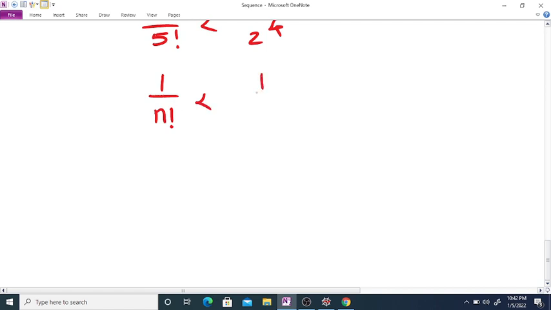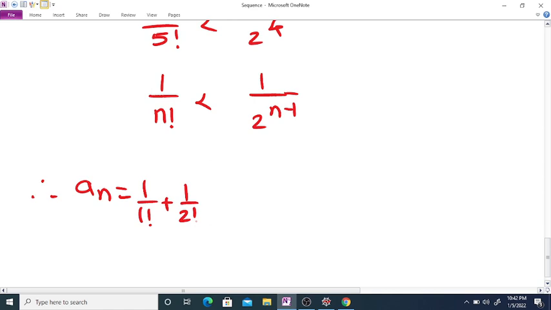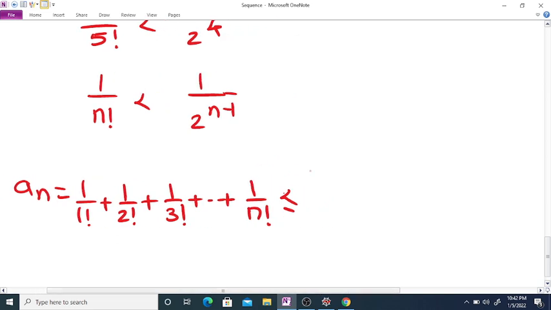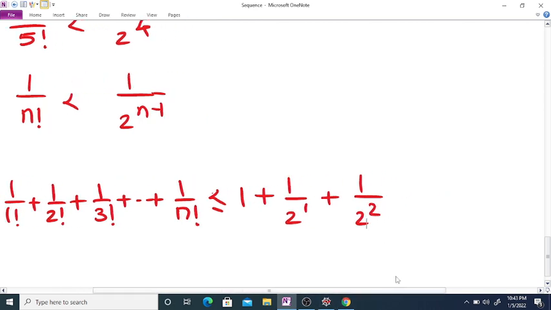And in general, 1 by n factorial is less than 1 by 2 raised to n minus 1. Therefore an, which is equal to 1 by 1 factorial plus 1 by 2 factorial plus 1 by 3 factorial plus ... plus 1 by n factorial, is less than or equal to 1 by 1 factorial, which is 1, plus 1 by 2 factorial, which is less than 1 by 2 raised to 1, plus 1 by 3 factorial, which is less than 1 by 2 raised to 2, and so on, up to 1 by n factorial, which is less than 1 by 2 raised to n minus 1.